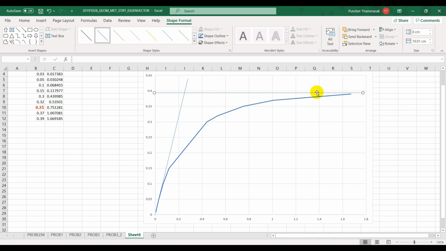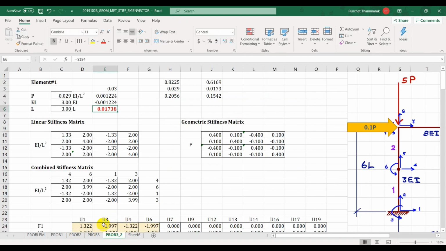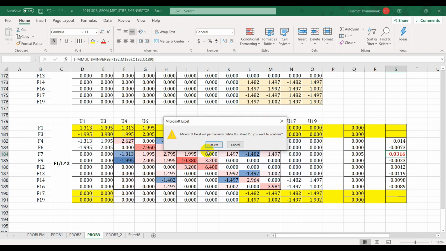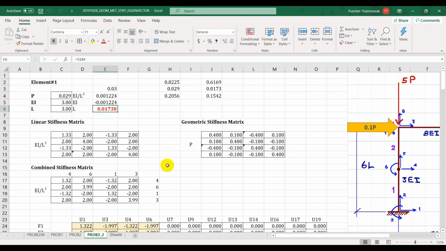So I will give you this spreadsheet for you to do homework. So the homework will include, actually you don't need this one, I delete this one out. You just need to keep the problem tree _2.